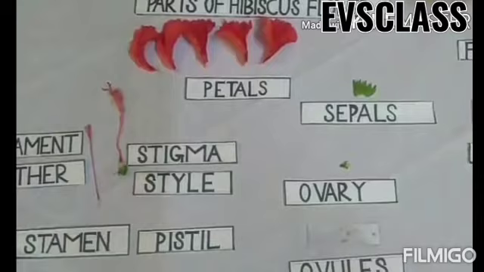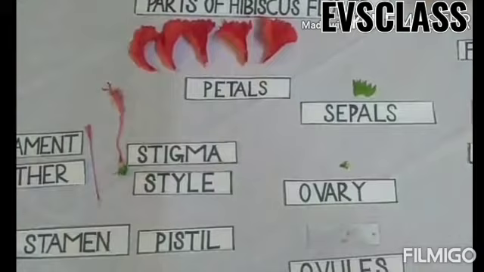Here are the sepals, ovary, ovules. Here are the stamen parts, like filaments and anther, and the pistil parts like stigma and style, and petals. So the parts of the hibiscus flower are completely here in a separate way.